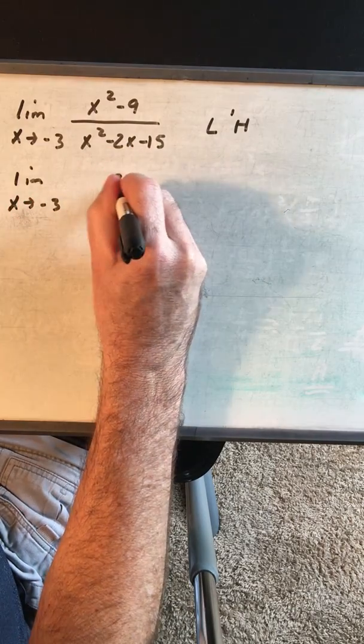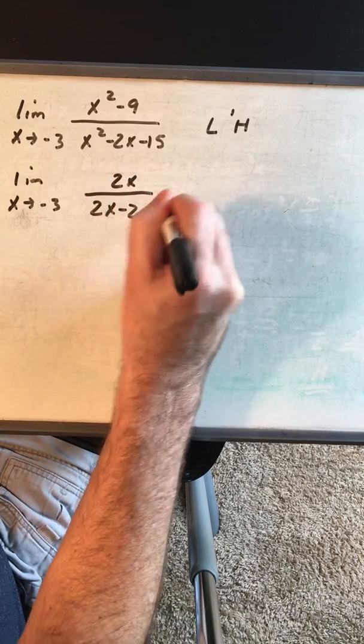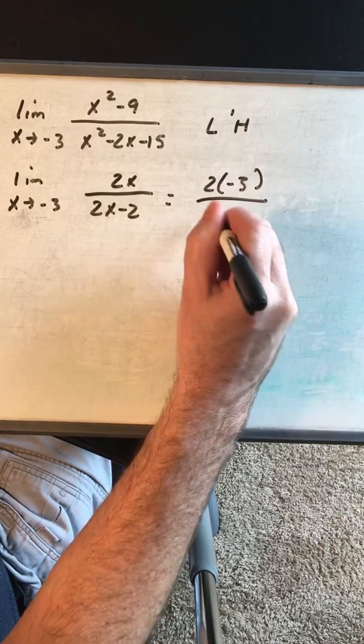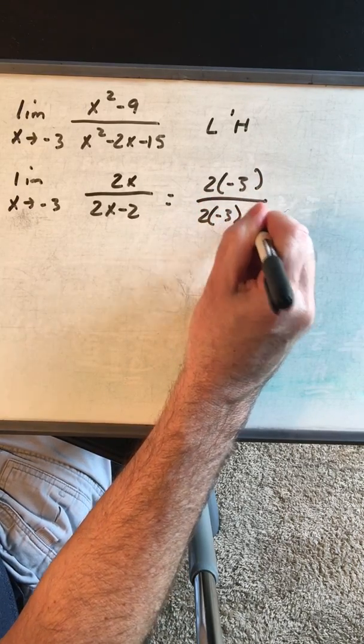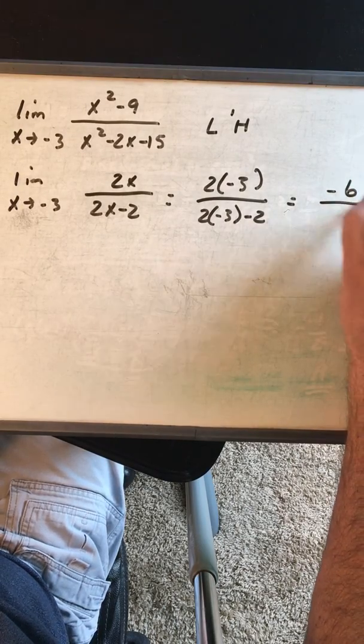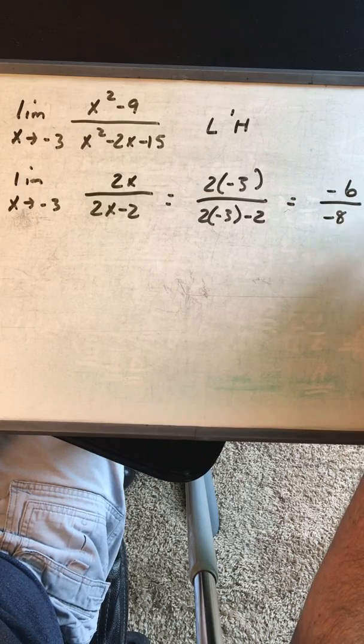Derivative of top is 2x. Derivative of the bottom is 2x minus 2. Let's plug in negative 3. That's 2 times negative 3 over 2 times negative 3 minus 2. That is negative 6 over negative 6 minus 2, negative 8, which is going to be 3/4.